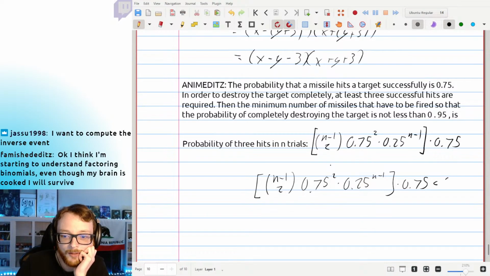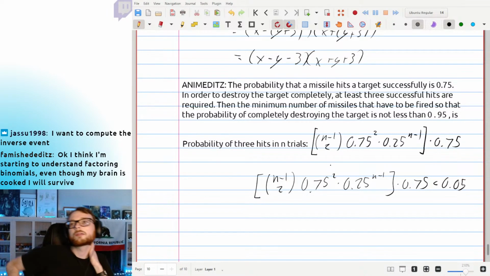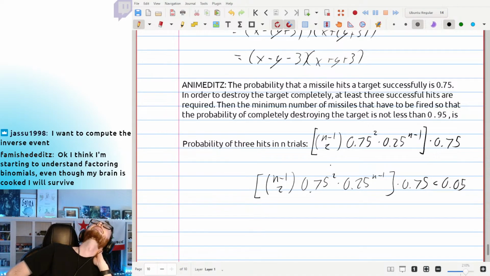I think you take my thing and make it less than 0.05. Oops, it's not 5. But it's weird, as n increases I want my probability to increase. This makes no sense. I feel like I'm doing something wrong here.